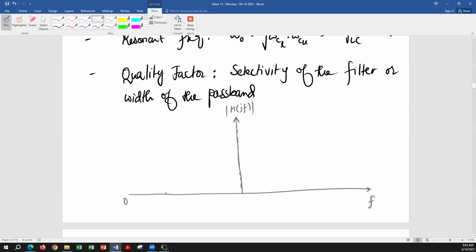Let's say you have a bandpass filter, something like that. This is your center frequency, F0. This is FC low and FC high.